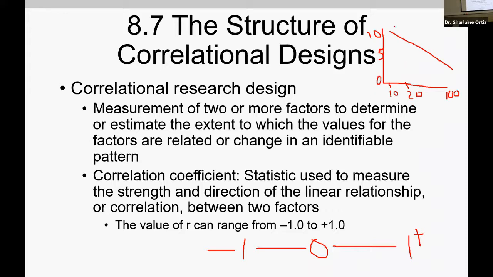Now, when data falls on this line, and you're thinking, well, this would be my perfect relationship, this line here is what we refer to as a regression line. The regression line is basically that perfect relationship that we're shooting for. We want a strong relationship most of the time.